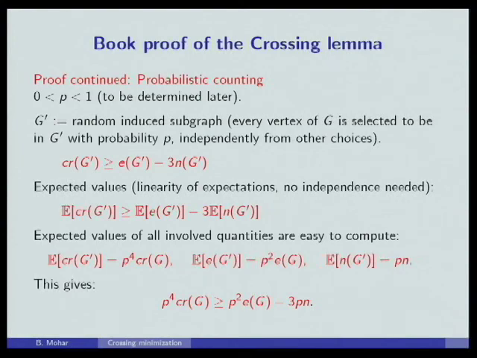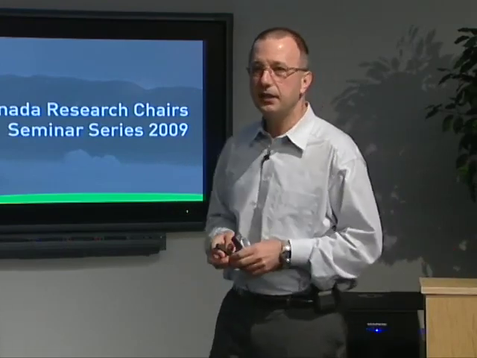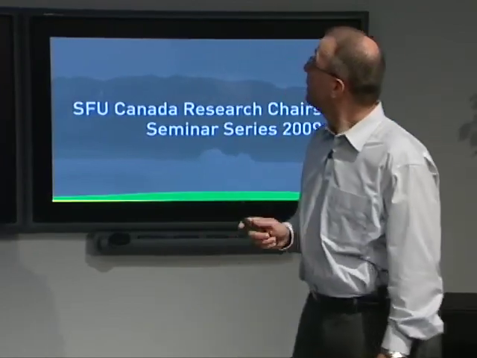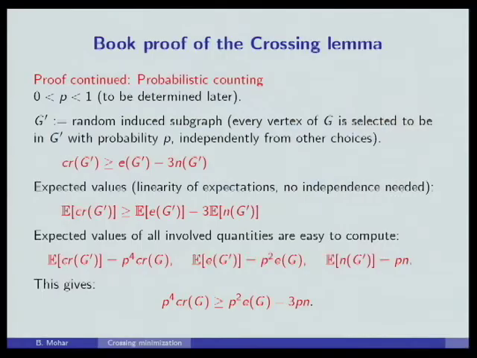Now, for this, we do some amplification of the previous inequality, and it's done by a probabilistic argument, something that statisticians would do. You have your graph, which has n vertices and e edges, and then you take a random subgraph. What do I mean by a random subgraph?